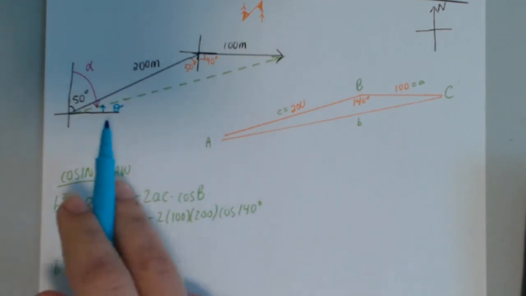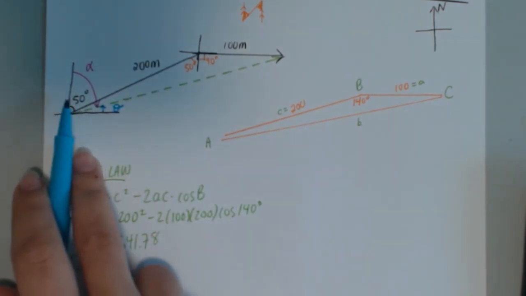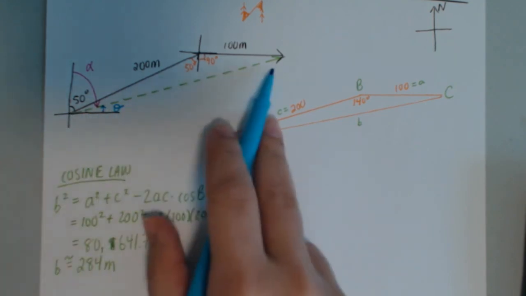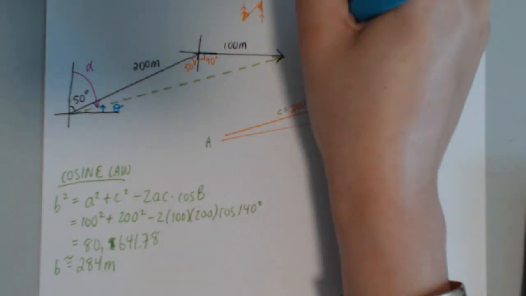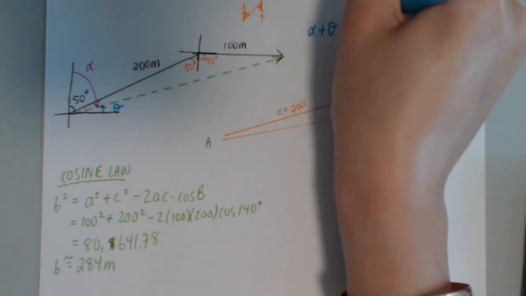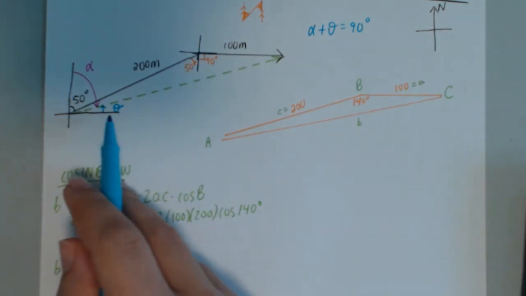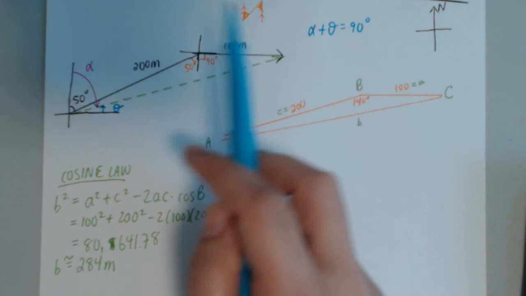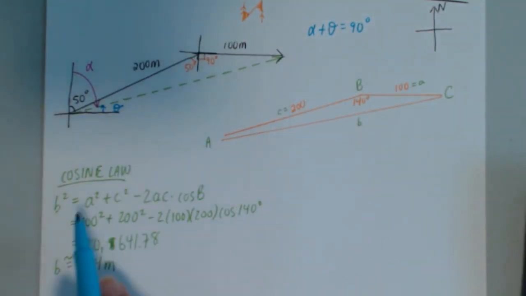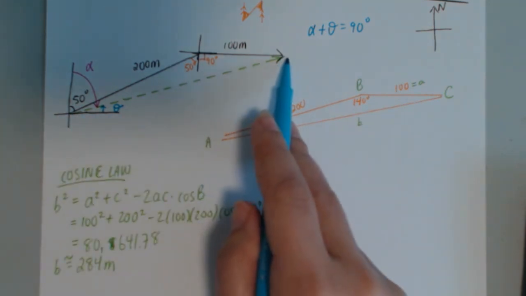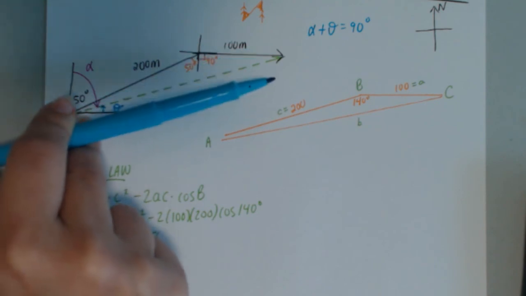Notice that alpha and theta are both measured from one of these compass directions, and they're both going to the same point, the same green line. So together alpha and theta make 90 degrees. Alpha plus theta equals 90 degrees. I'm going to try to find theta, and once I find theta, I'm going to subtract it from 90 and get alpha. So my final answer is going to be John is 284 meters from his starting point at a direction of north alpha degrees east.